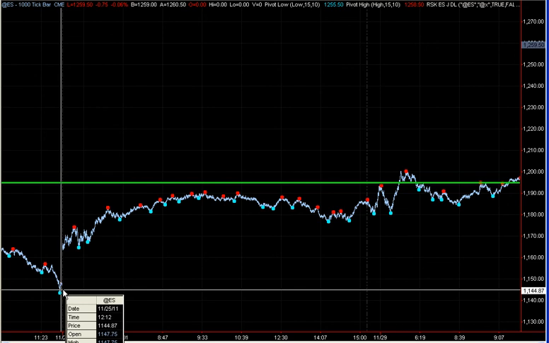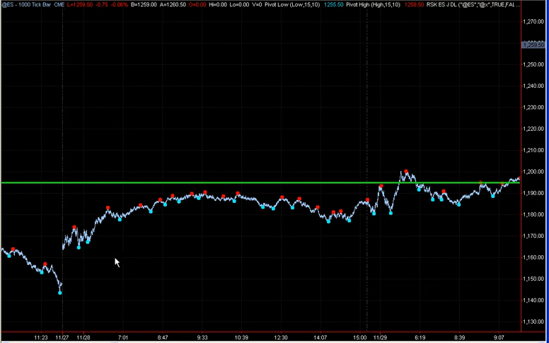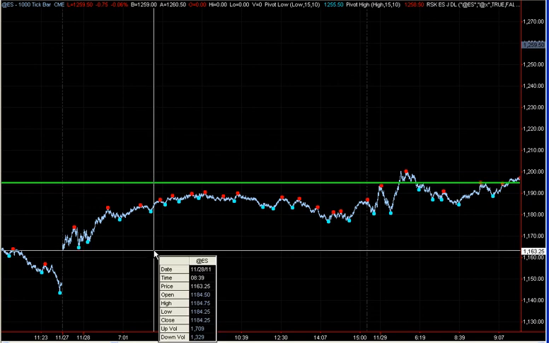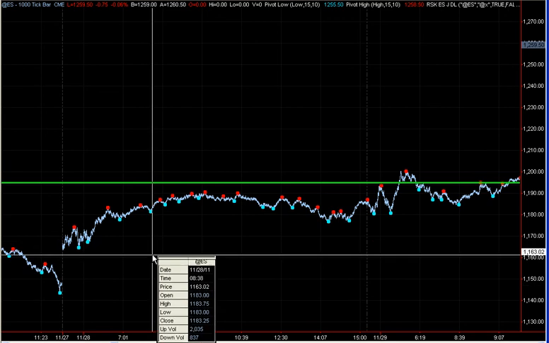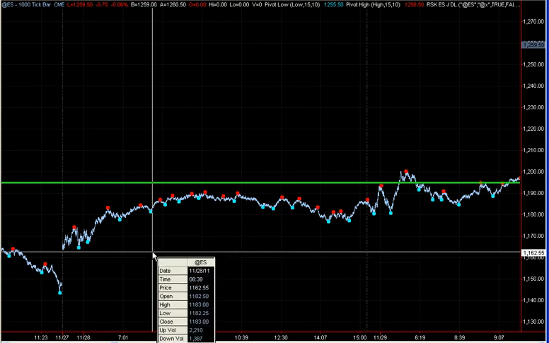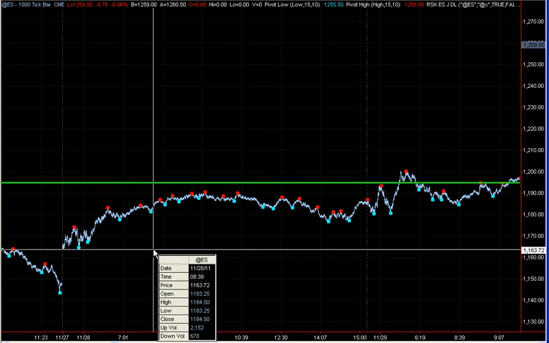Traders should be aware of that, because the market will fill this gap, and that's a big one. So regardless of where the market is going, I'm afraid to say that that gap has just simply got to be filled.